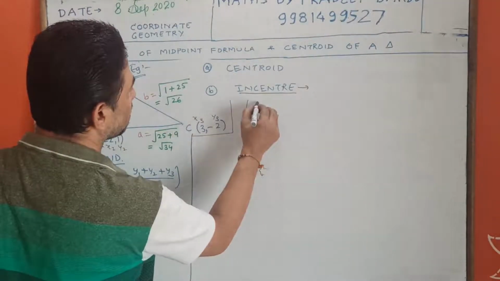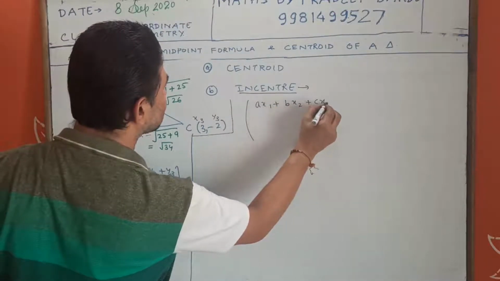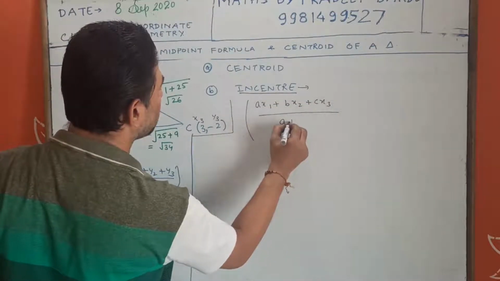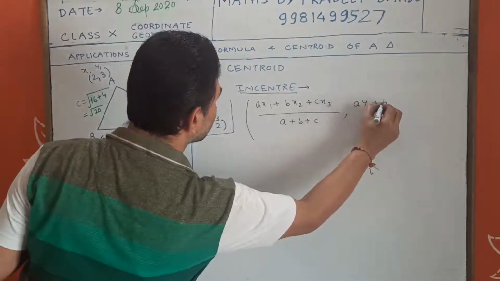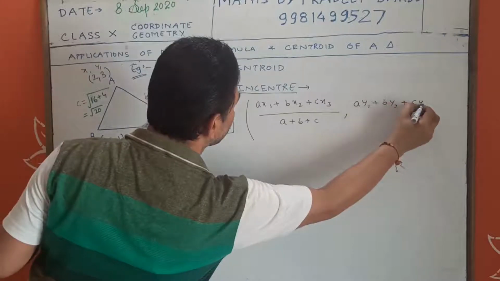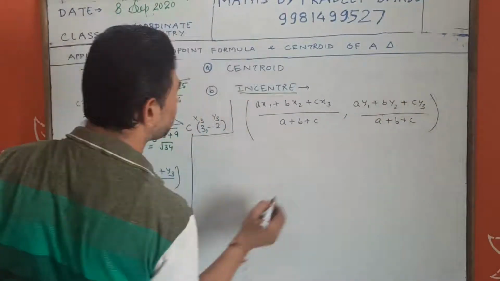That is ax1 plus bx2 plus cx3 upon a plus b plus c, ay1 plus by2 plus cy3 upon a plus b plus c.